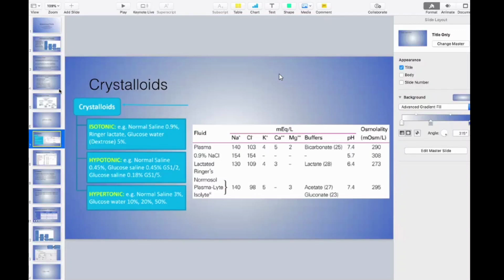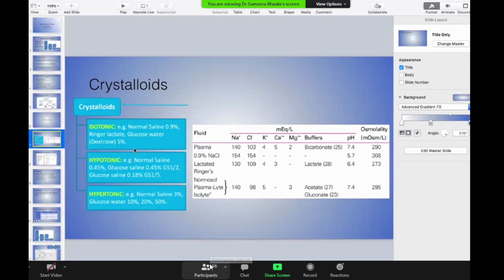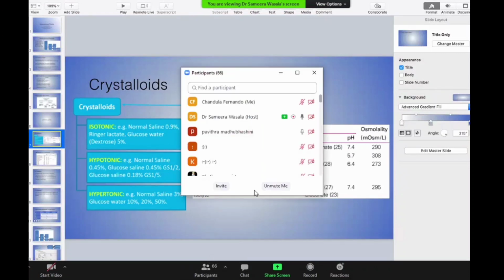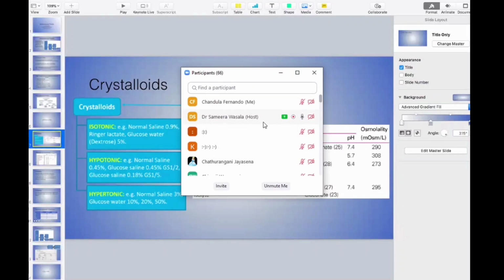There are several types of isotonic fluid, but there is a difference between this table and this picture. You can see this is the composition of the plasma. The sodium is 140, chloride 103, and we have potassium, calcium, magnesium, and bicarbonate.